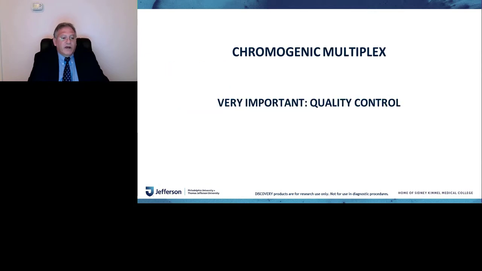The most important thing here is that you have to have quality control of what you are preparing. The chromogenic multiplex is a complex assay, and you really have to pay a lot of attention to your quality control. This is how you are going to keep it at the forefront.